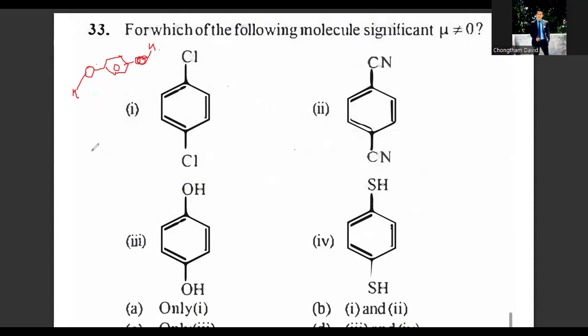In this first molecule and the subsequent molecule, the bond moments are not cancelling each other, and hence the molecules have a resultant dipole moment and will be polar in nature. So both 3 and 4. Option D would be the answer for question number 33.